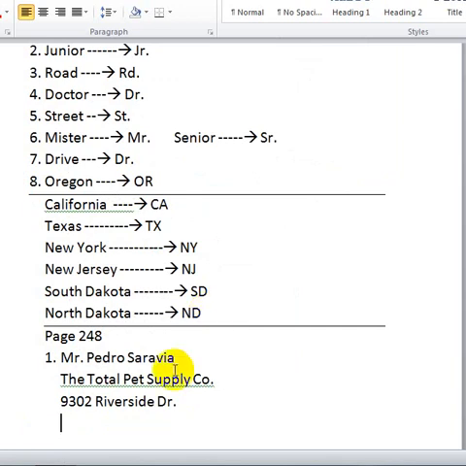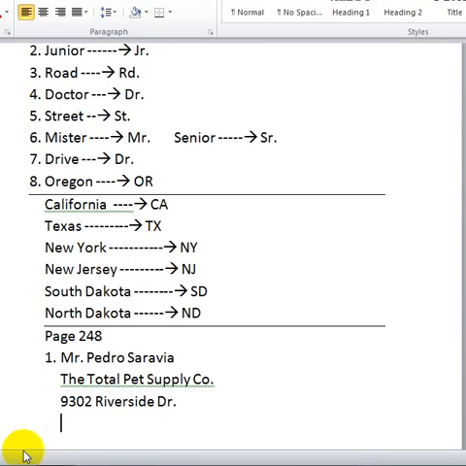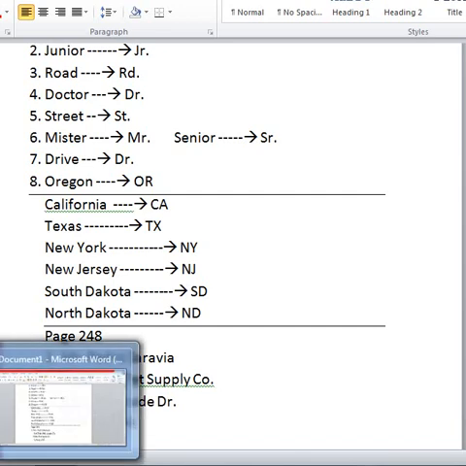Okay, and last line of the address is Toledo, Ohio 43601. Okay, we got Toledo, name of a city, and then we got Ohio, a state, so we're going to abbreviate it to OH. And what was the zip code over there?